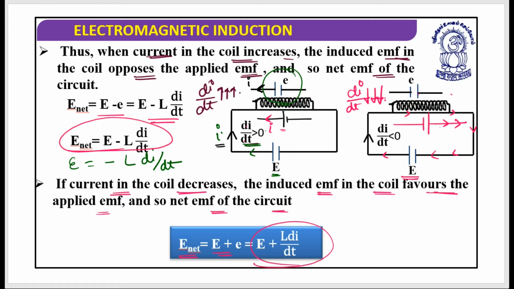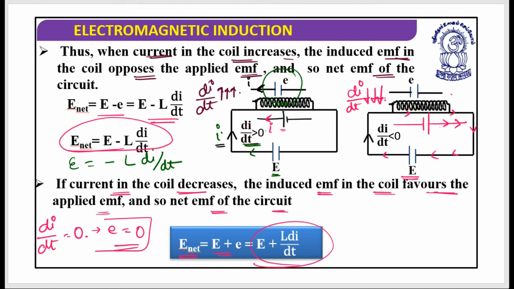But the question is, if di by dt is 0, that means the current passing through the coil is not changing, then the induced EMF would be equal to 0. So no need to think anything about this.